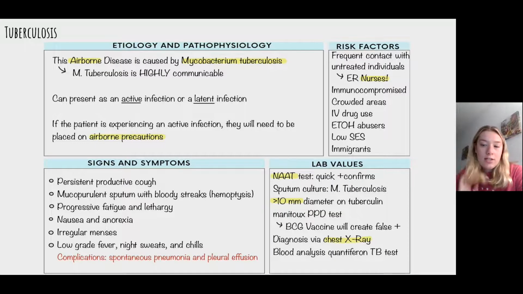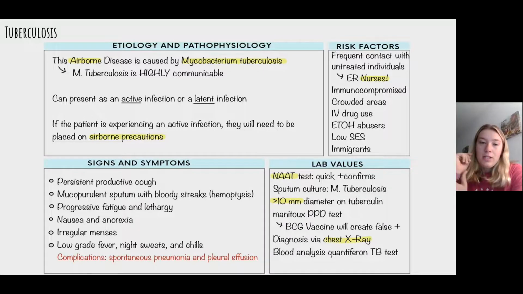So we really are concerned that this is highly communicable. So us as nurses, we need to protect ourselves. So review what it would be to put a patient on airborne precautions. Unfortunately, risk factors include being immunocompromised, crowded areas, low socioeconomic status, and ER nurses specifically, because we might not know if a patient has TB or not.